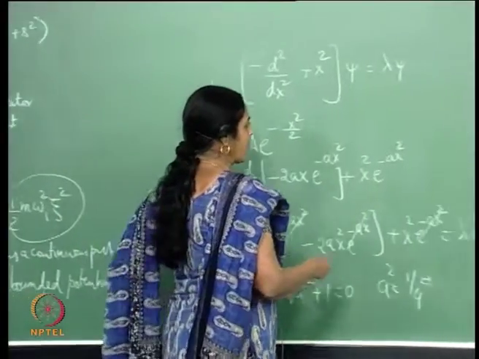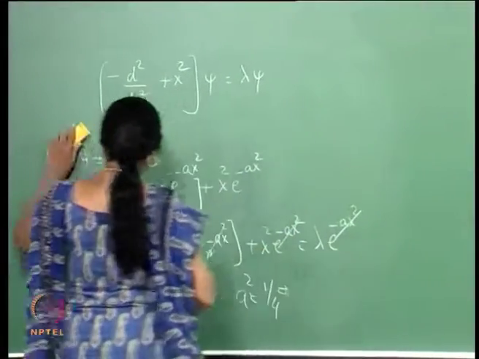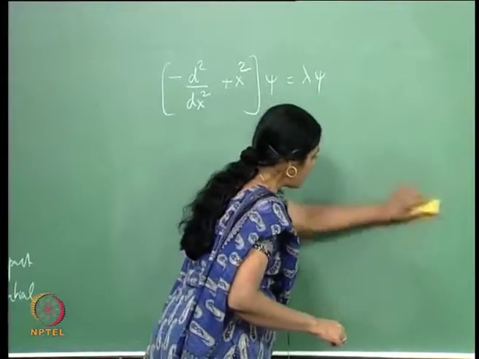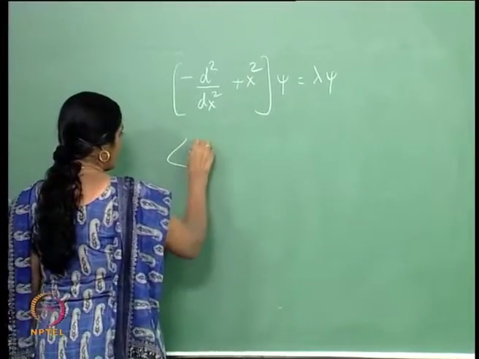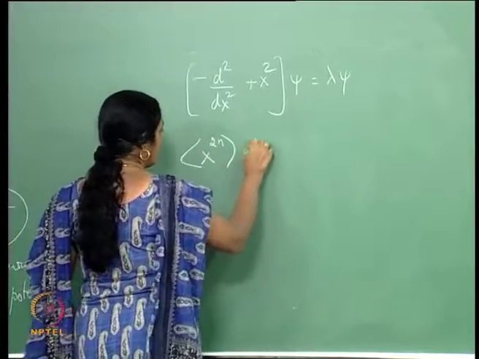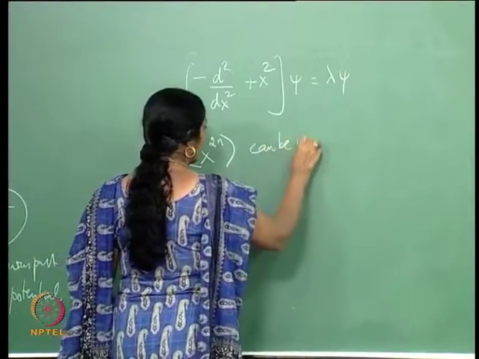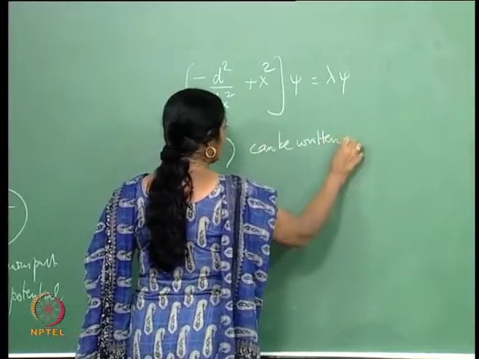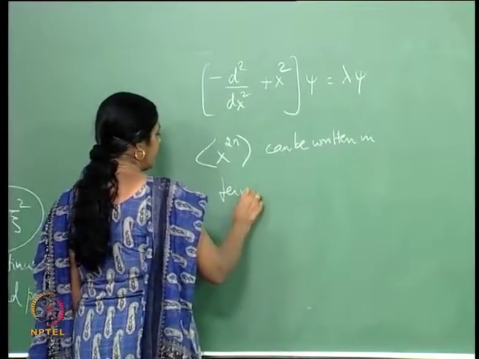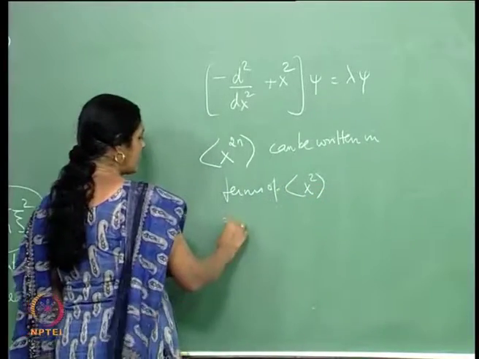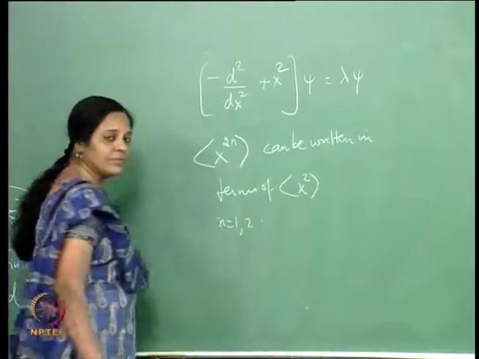Since it is a Gaussian, expectation x to the 2n can be written in terms of expectation x squared, n equals 1, 2, 3 and so on.